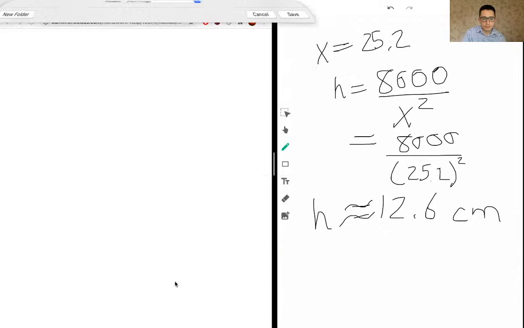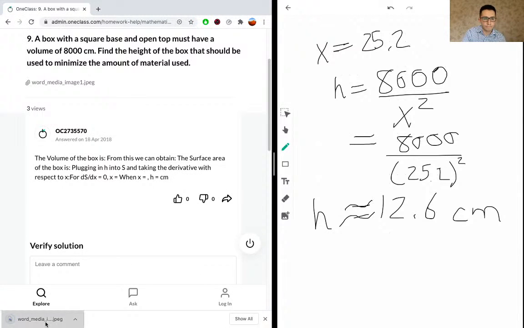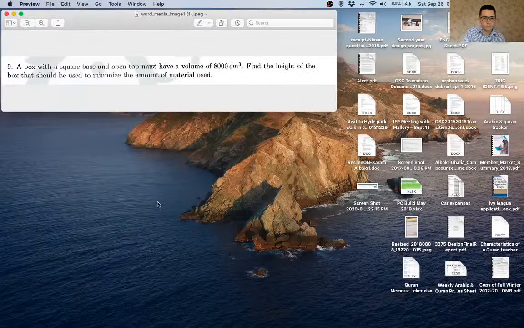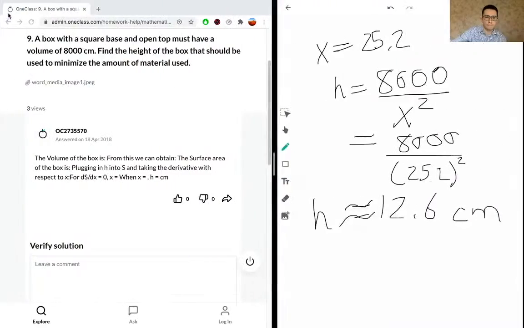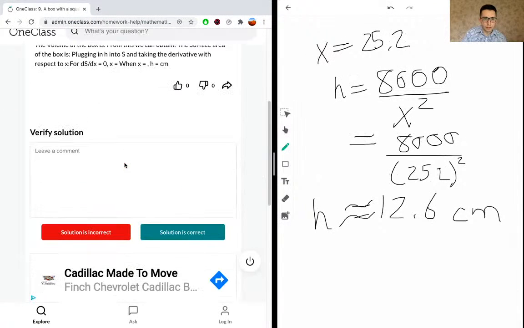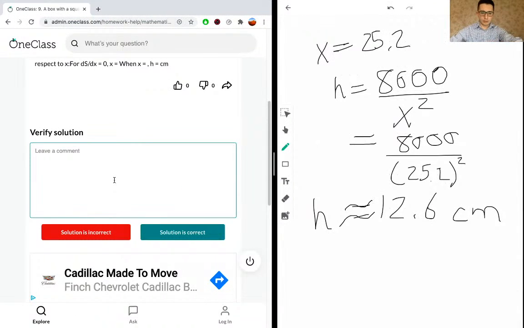Okay, so the file is just giving us the question. So here the solution is not present.